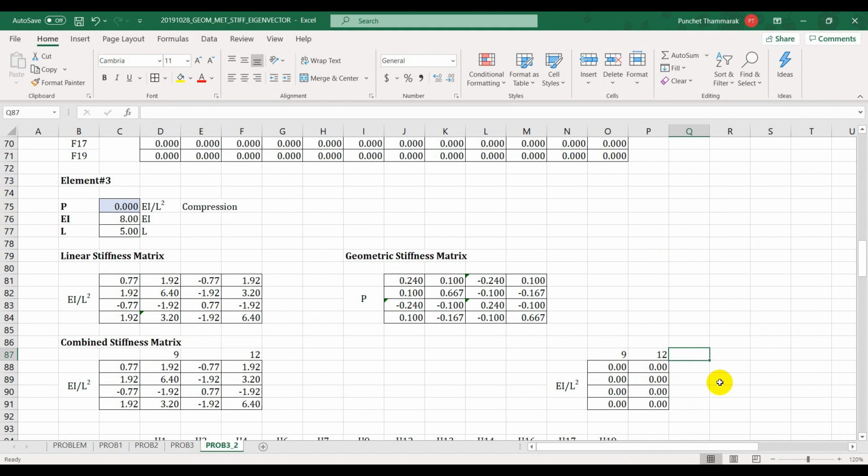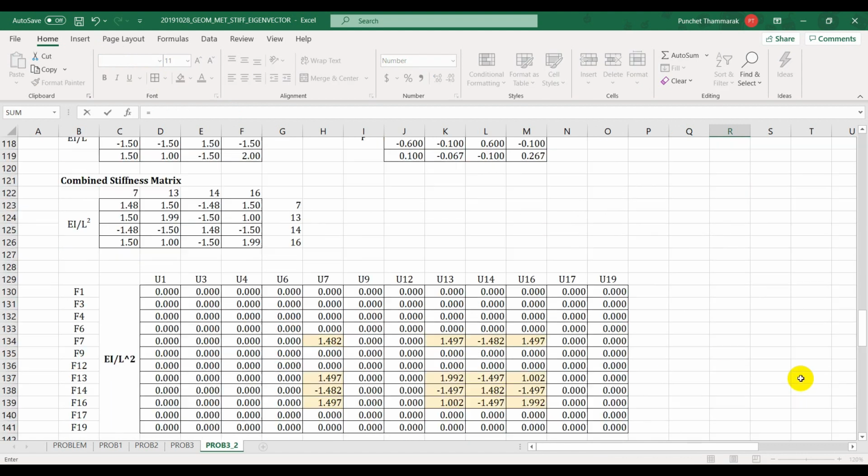If we apply the solution for U9 and U12, so I will put them here, U9 and U12.